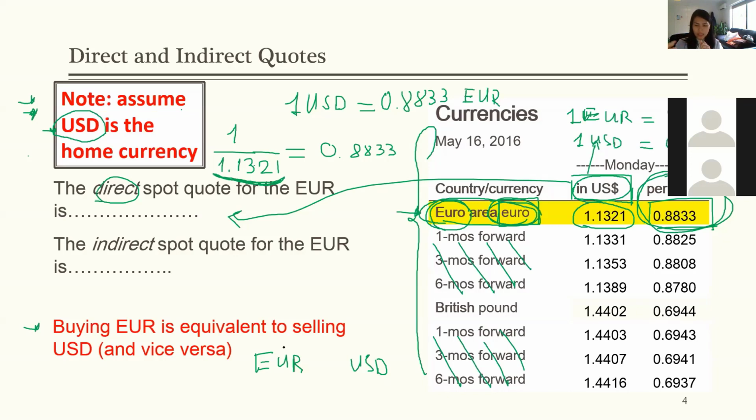In exchange, the bank gives me the euro, so I have a cash inflow in the euro. So if I say I buy the euro, it's equivalent to saying I sell the USD, because the cash flows are exactly the same.